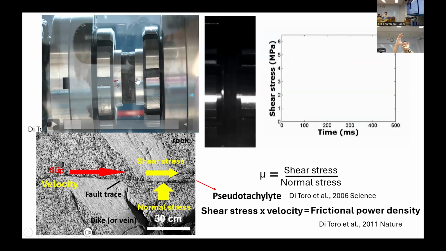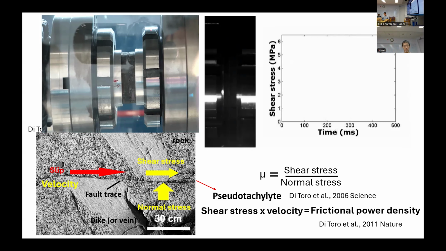One rock cylinder is pushed rightward, and the other side is rotated. The movement in this apparatus is trying to mimic fault rupture propagation, because there is very large displacement during an earthquake.